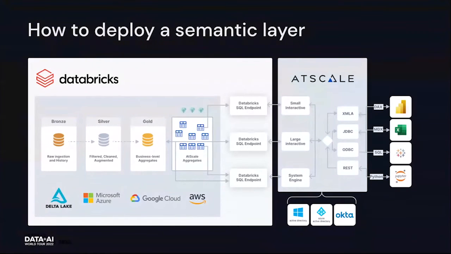As it does that, it also recognizes common query patterns and creates AtScale aggregates, which are Delta tables, in the Delta Lake and in the Databricks Lakehouse. We like to think of that as almost like a diamond layer, where you have a set of aggregates that are being created autonomously based on query behavior, and the semantic layer platform is using those aggregates wherever possible to make queries very fast.